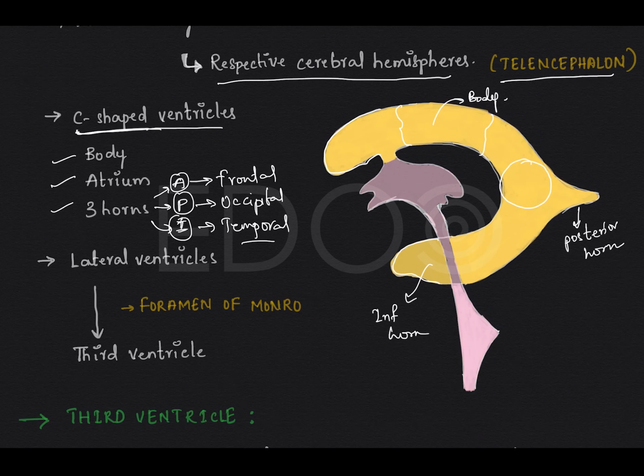So the lateral ventricles will drain the CSF into third ventricle by means of foramen of Monro. It is also called as interventricular foramen.